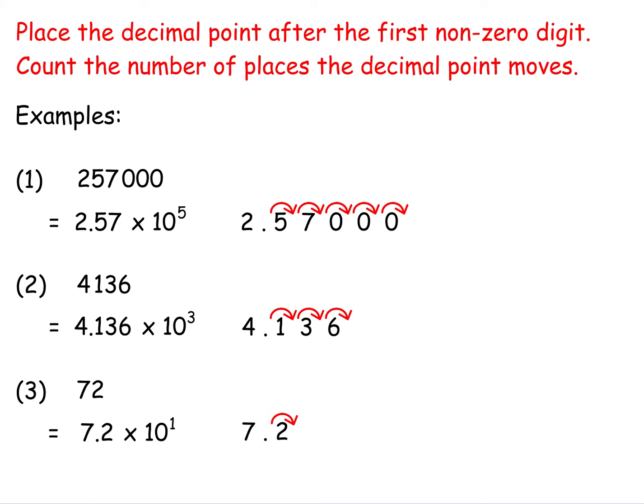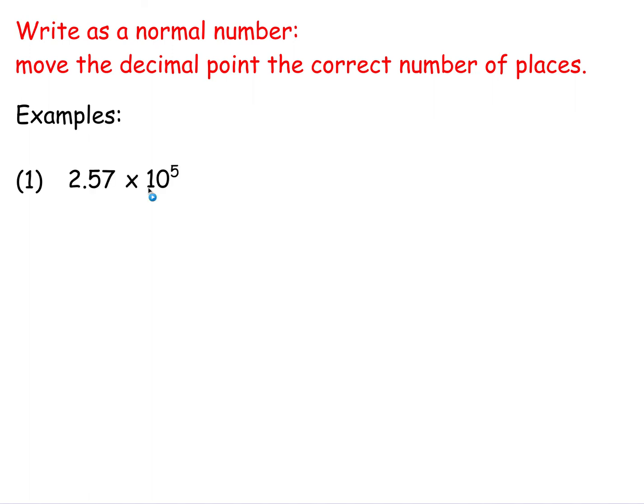Same process to take a number that's in scientific notation back to a normal number. 2.57 times 10 to the power 5 means take 2.57 and multiply it by 10 5 times. So the point shifts 5 places. When you run out of digits, you put zeros in, and that gives you the original number, 257,000.